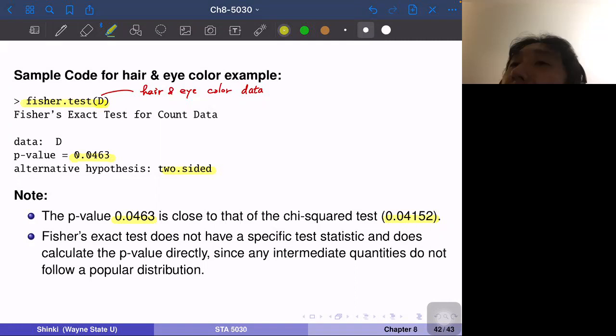So it doesn't work for very large tables. If the numbers are 10 or even 30 or 50, then it's still plausible to do. But if the numbers are large, the chi-square test isn't much different from Fisher's exact test. So you can use the chi-square test.